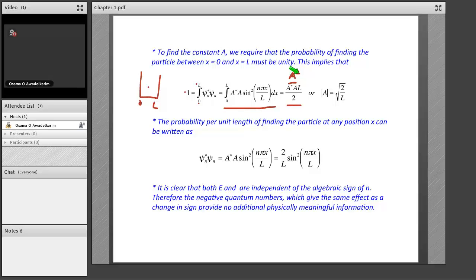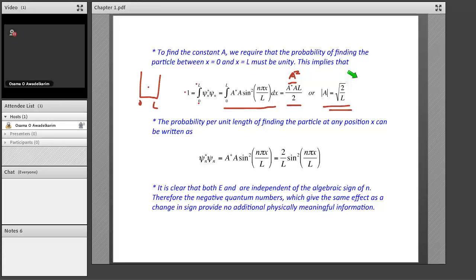So that gives me a value for A, which is the square root of 2 over L. This integral is called the normalization condition. It is the condition that the particle exists within this space 0 to L, and you use it to find the constant A, which is the amplitude.